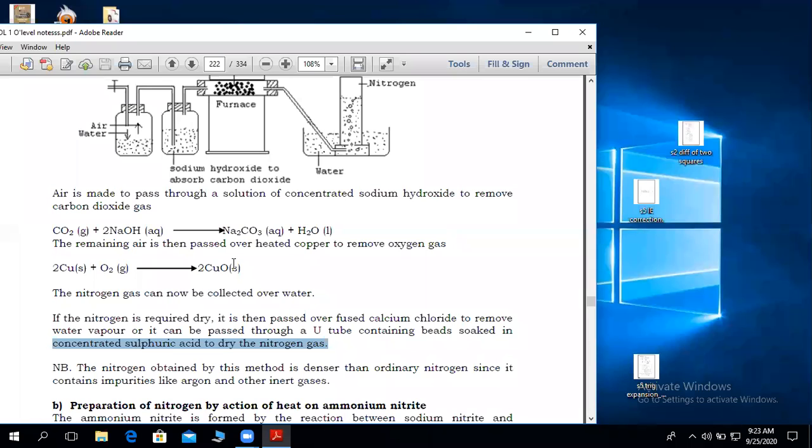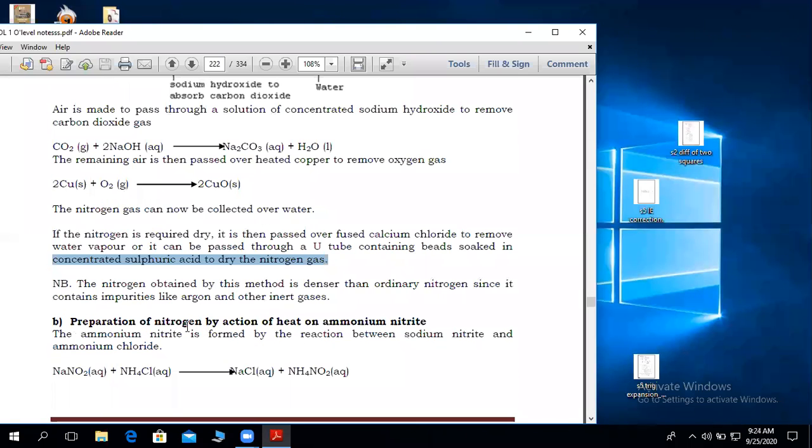Then if the gas is required dry, pass it through a wash bottle containing concentrated sulfuric acid or a U-tube containing anhydrous calcium chloride. The nitrogen obtained by this method is denser than ordinary nitrogen since it contains impurities like argon and other inert gases.